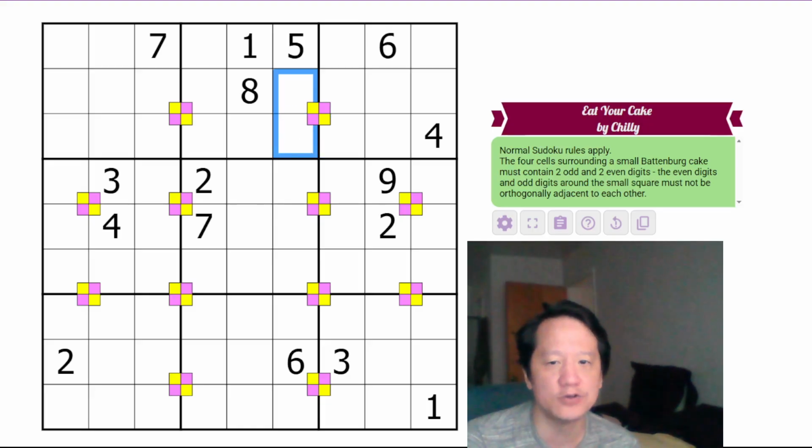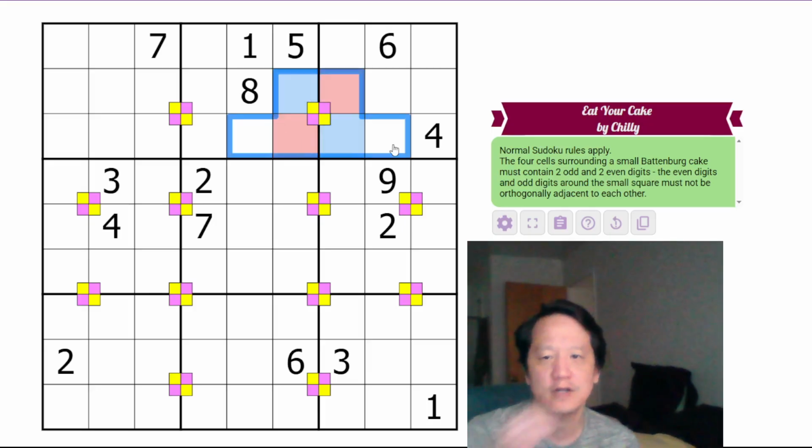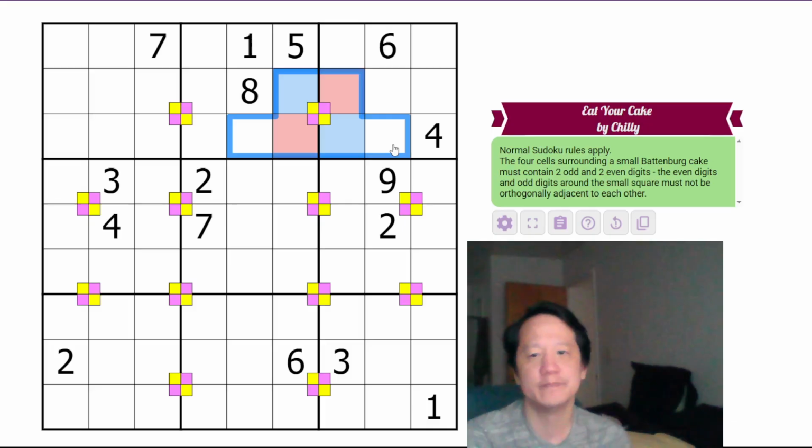And obviously, you cannot have odd, odd here, or even, even here. So it has to be some checkerboard pattern, something like this: even, odd, even, even, odd, even. It has to be like this, in the pattern of the Battenberg cake.